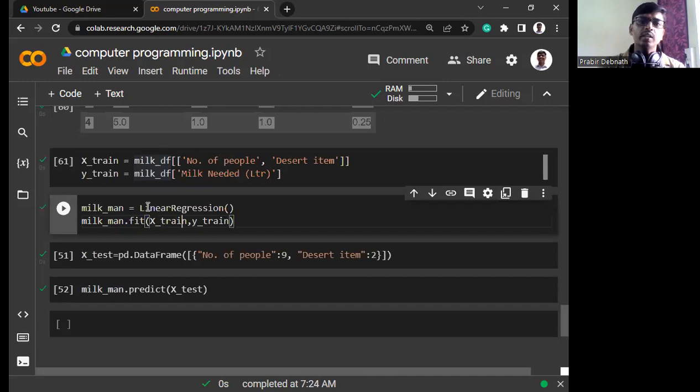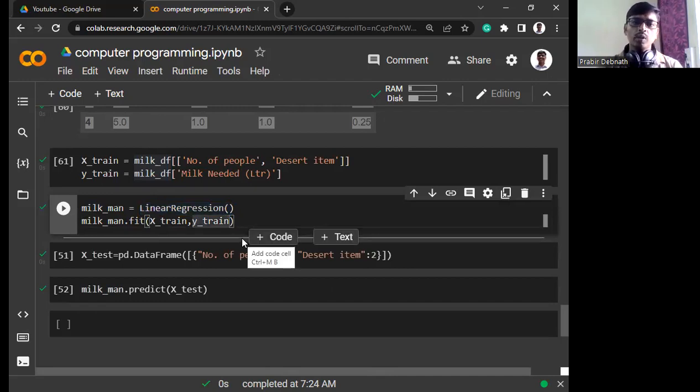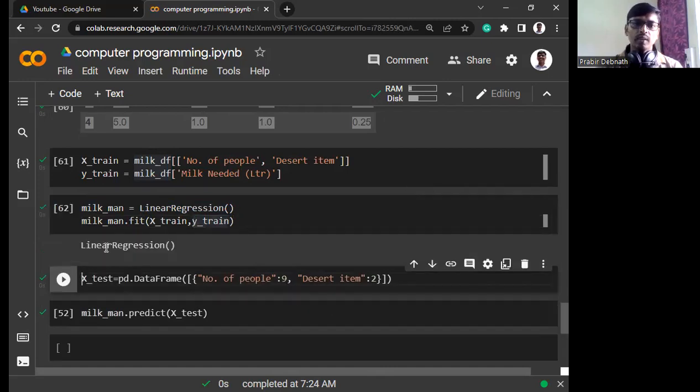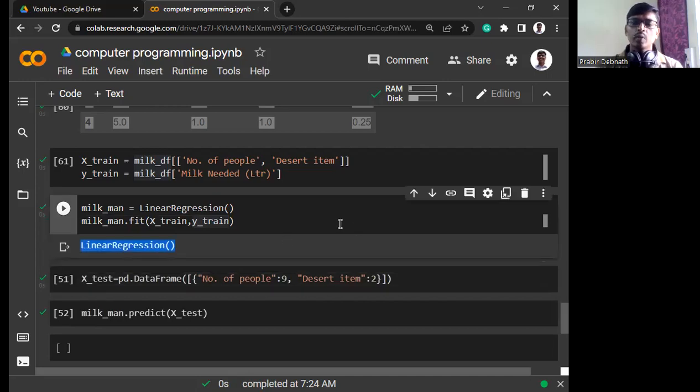Then here is the linear regression model. This is actually the machine learning model. So we need to train this machine learning model with our X train and Y train. Yes, our model is now ready. It has learned what is the function or what is the rule or formula inside the data.